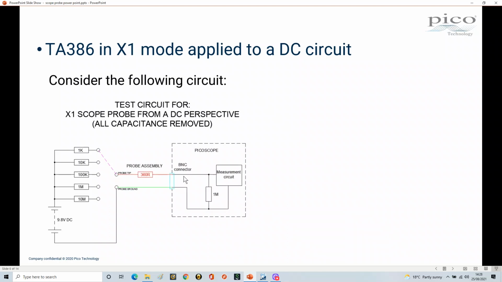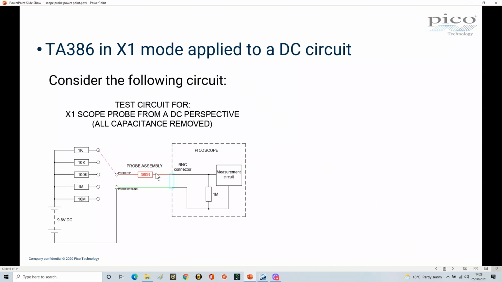So here we have a simplified version of what's going on with the probe and the PicoScope. You'll see I've set the probe here with a resistance of 360 ohms, and that's because that's what I measured. If I got a multimeter and took a resistive measurement between the tip of the probe and the pin inside the BNC connector that we discussed earlier, that resistance is approximately 360 ohms.